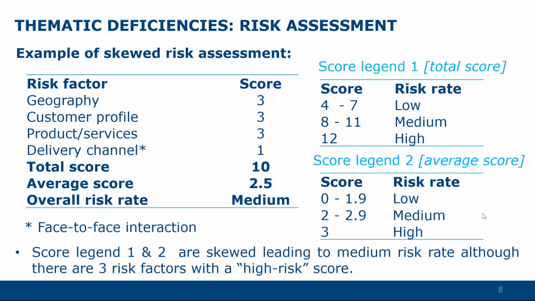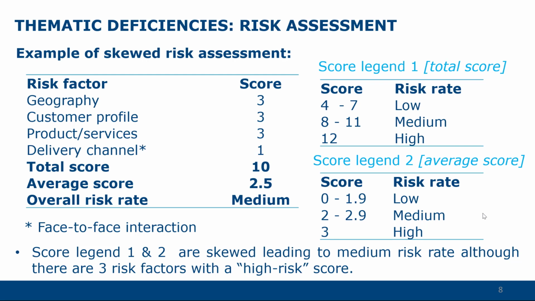Delivery channel was assigned a score of 1 because this was a face-to-face interaction with the customer. The total score was 10 and the average score was 2.5. Using either the total score or the average score resulted in an overall risk rate of medium.